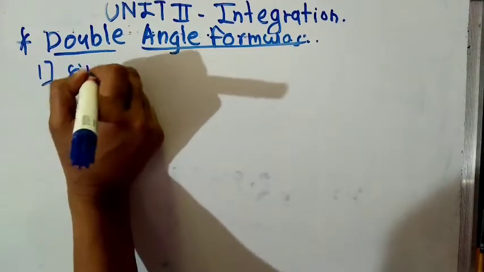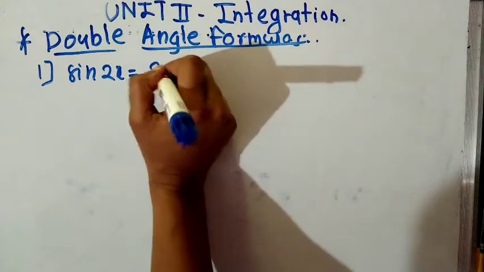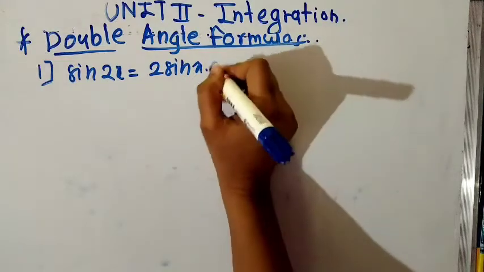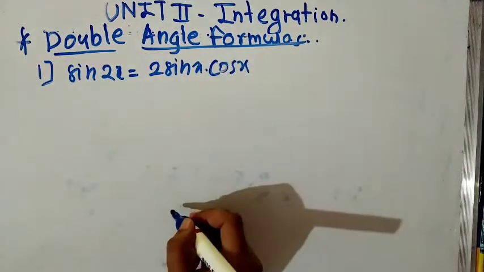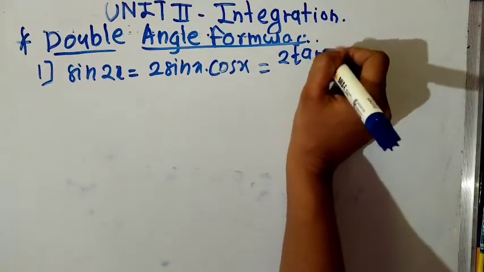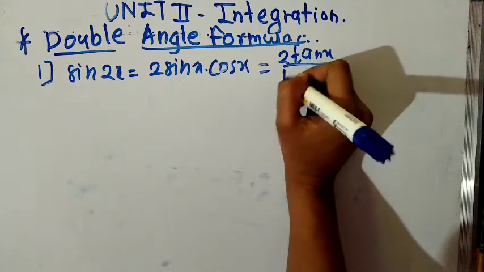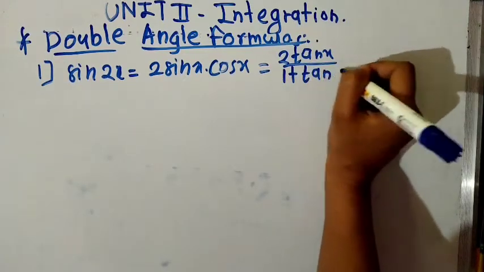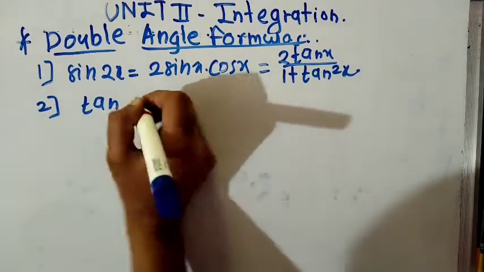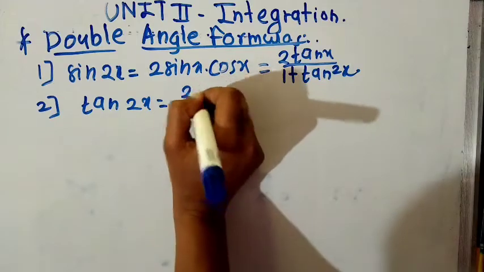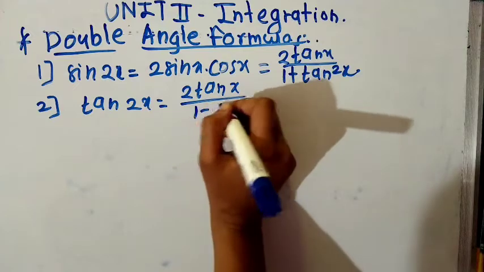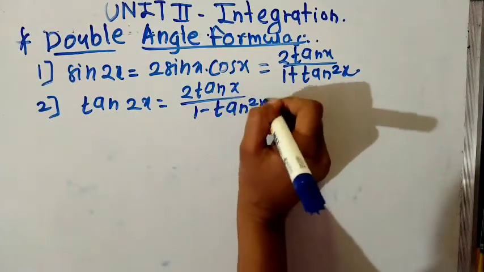First is sin 2x is equal to 2 sin x into cos x is equal to 2 tan x upon 1 plus tan square x. And the second is tan 2x is equal to 2 tan x upon 1 minus tan square x.